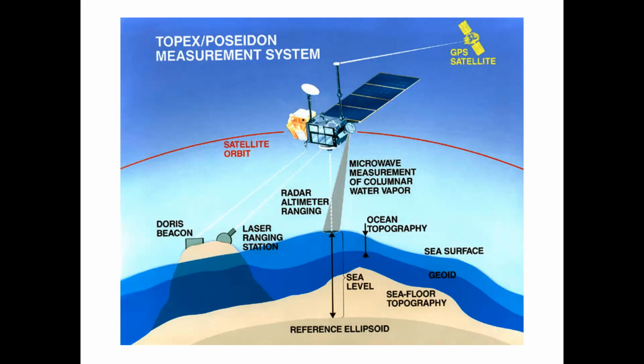The limitations are that even at microwave frequencies, TOPEX Poseidon used S-band frequencies, wavelength of 13 centimeters or so, with an antenna sized on the order of about 1 meter, the footprint on ground is pretty broad.